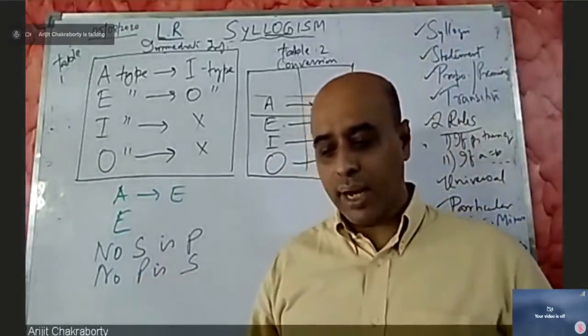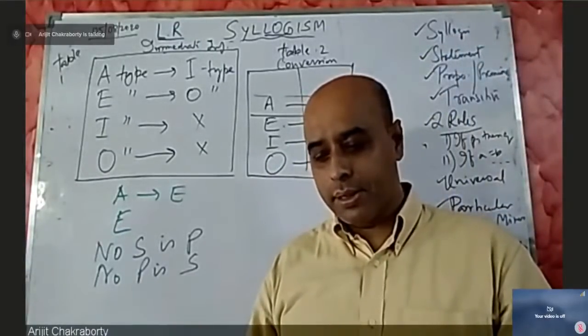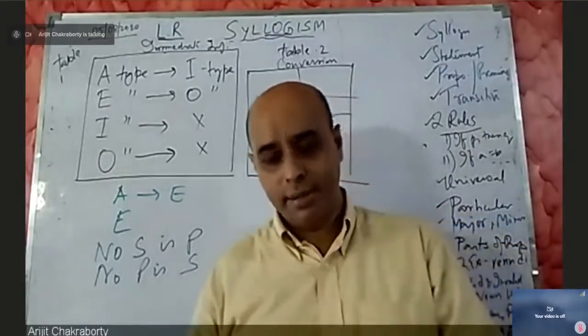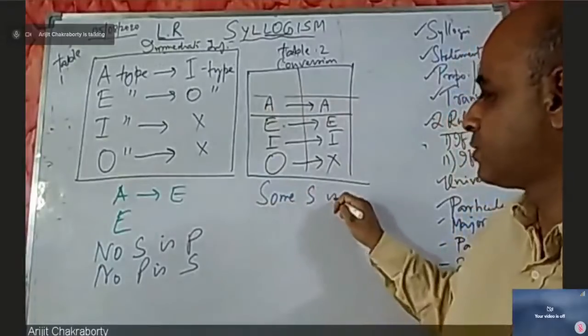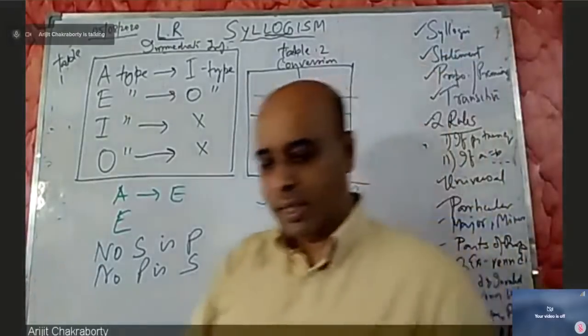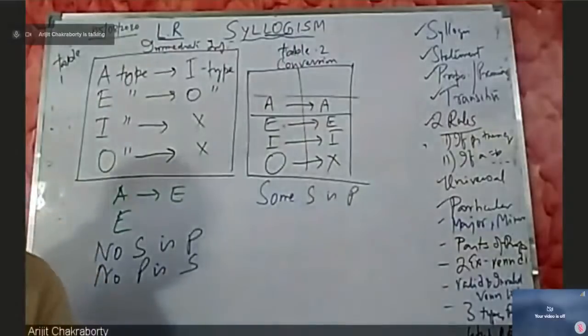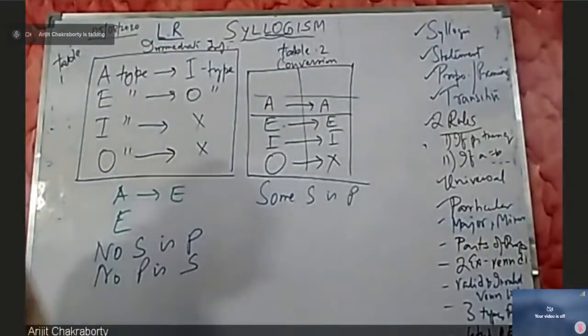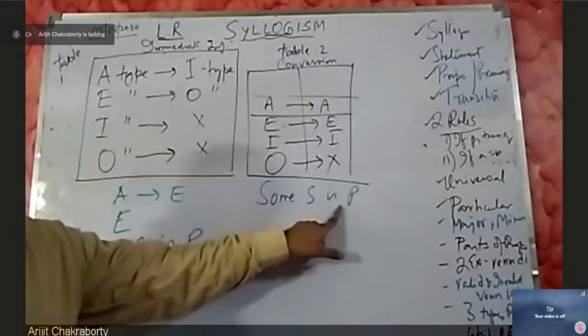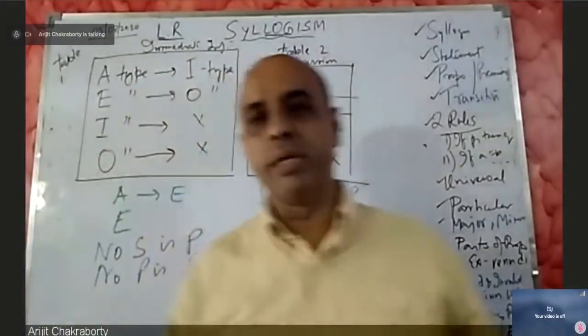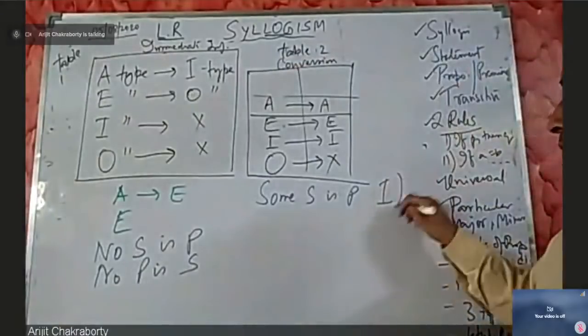Now if I write some S is P, it is an I type. Some is particular and positive. Particular and positive means it is I type.